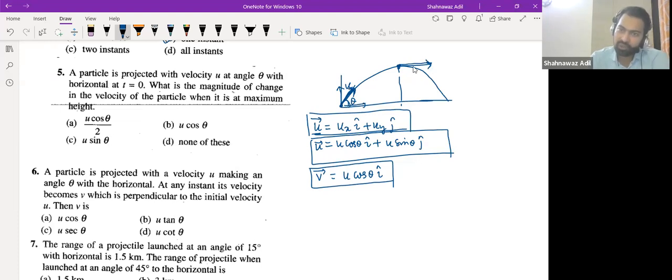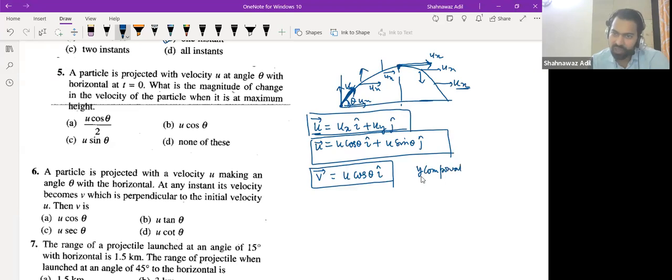And we know that throughout the journey, what speed is the same? So ux would be ux, right? So in horizontal direction, this velocity will always be the same. But at this point, we don't have any y component.